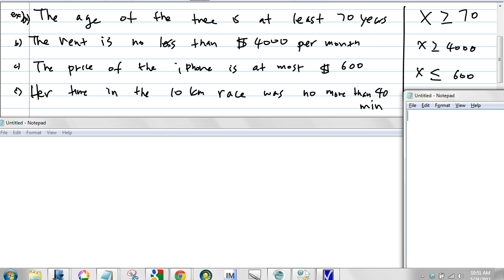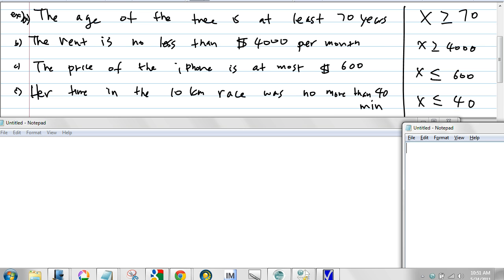Courtney. X is less than or equal to 40. Could it be 40? Yeah. Could it be 41? No. Could it be 39? Okay. Does that make sense? Are we okay with that? Any questions? All right.